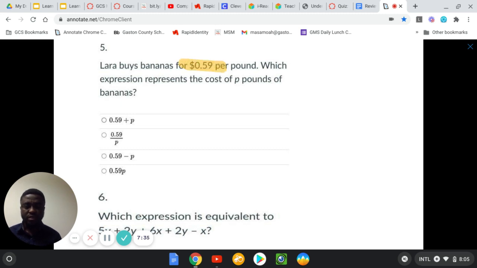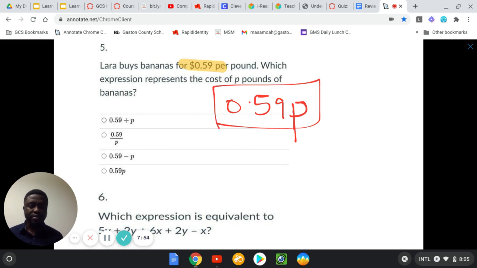So which expression represents the cost of p pounds of bananas? You multiply 0.59 times p. So if you have 10 pounds, 3 pounds, 4 pounds, you multiply by the coefficient, the amount that you have to purchase. That will give you the total cost, and that will give you 0.59p.